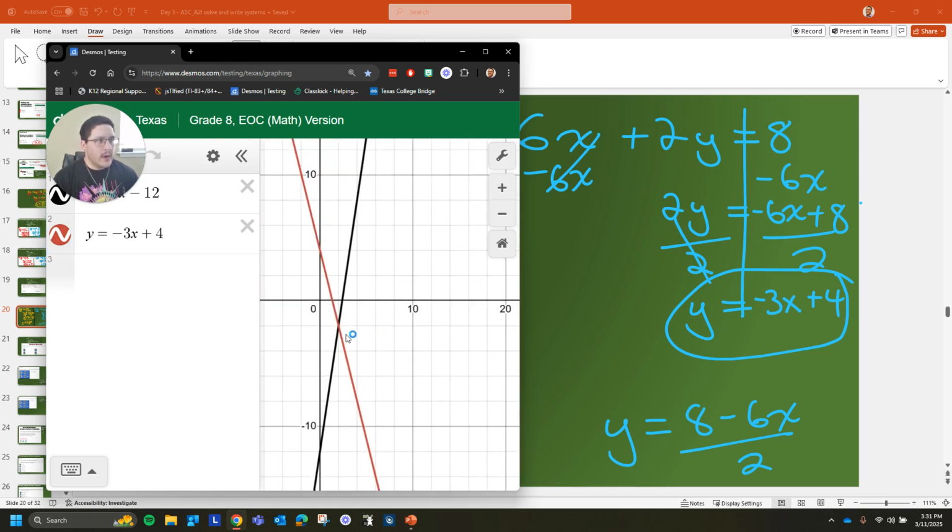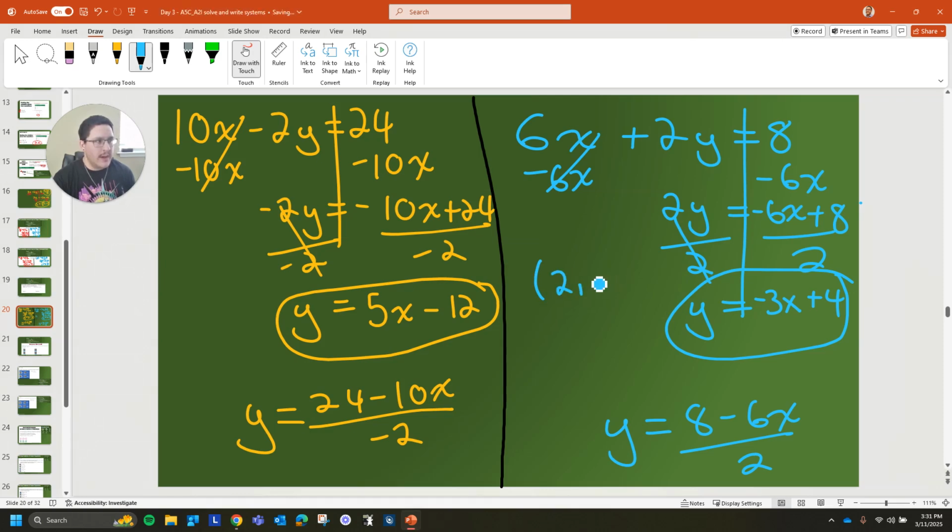Go to the line and go to the point where you see they intersect. Click on it so that the point stays displayed. And our solution for this system is going to be 2 comma negative 2. So again, 2 comma negative 2. Let me do that in a different color.